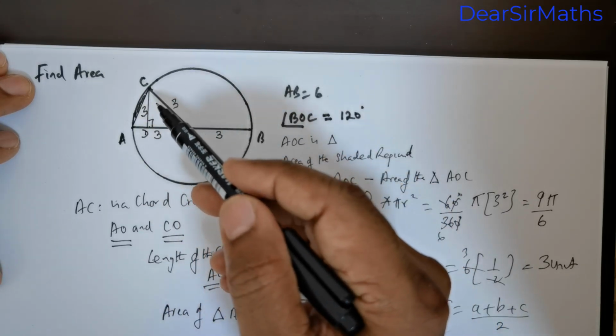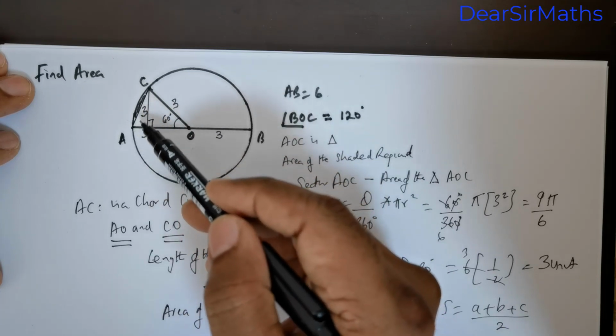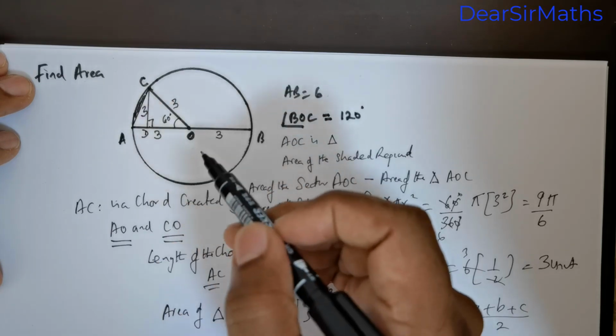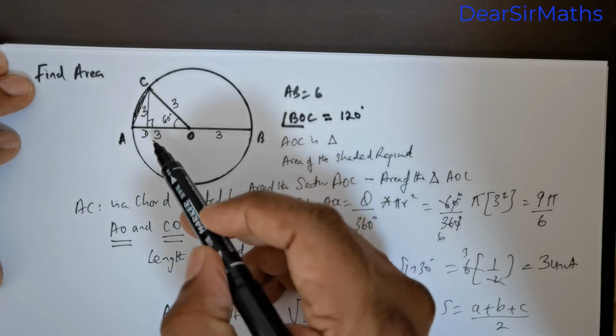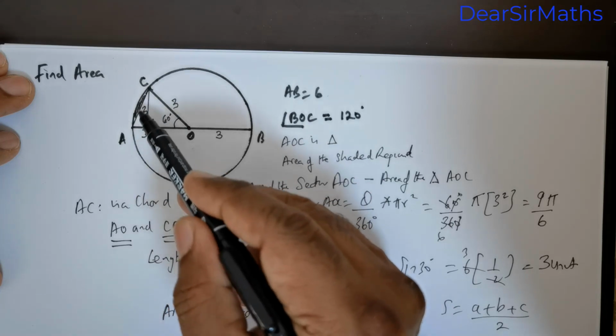So they can easily ask us to find the area of this particular triangle. Of course I will show this calculation, or I would say show this problem, in the subsequent videos. So for now, let me just focus on obtaining the area of the shaded region.